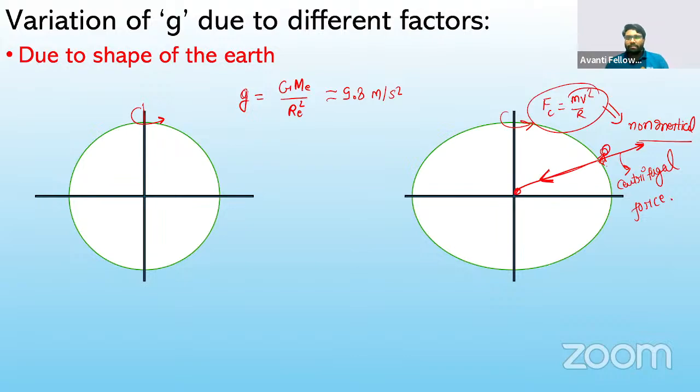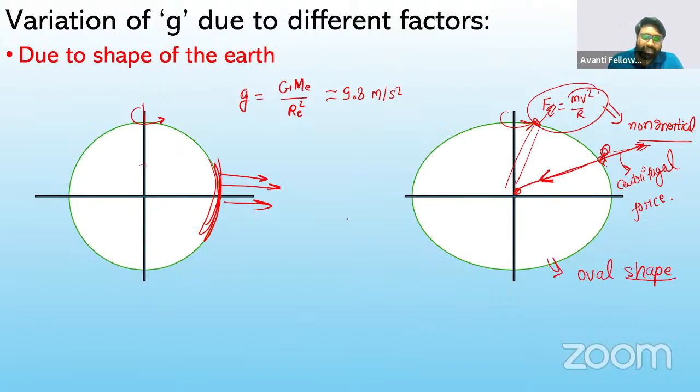Clear? Due to this centrifugal force, it is outward. When you move here, it is like this, in this way. But most of the effect of this centrifugal force you will see from this range, because here it is like pulling out the earth from the equator. And that is why the shape of the earth is not circular, but an oval shape.